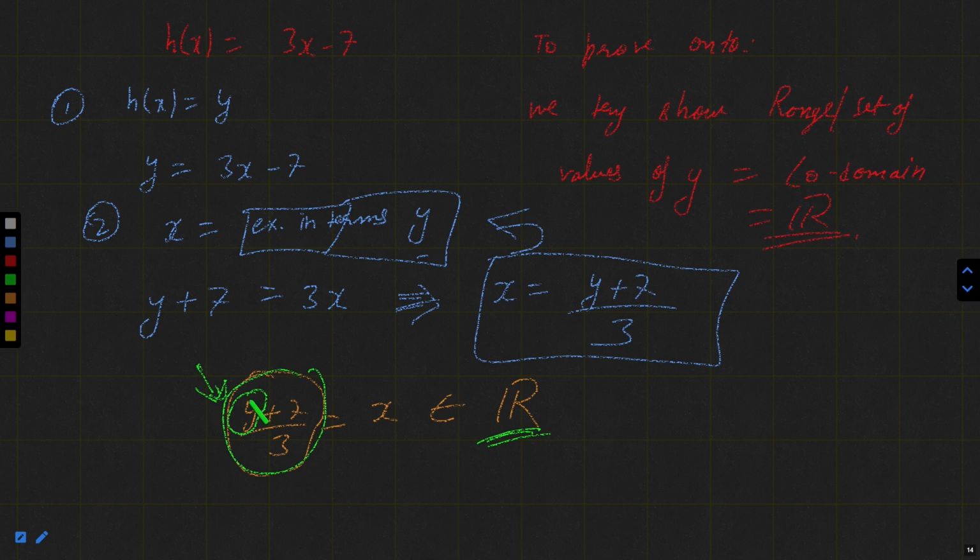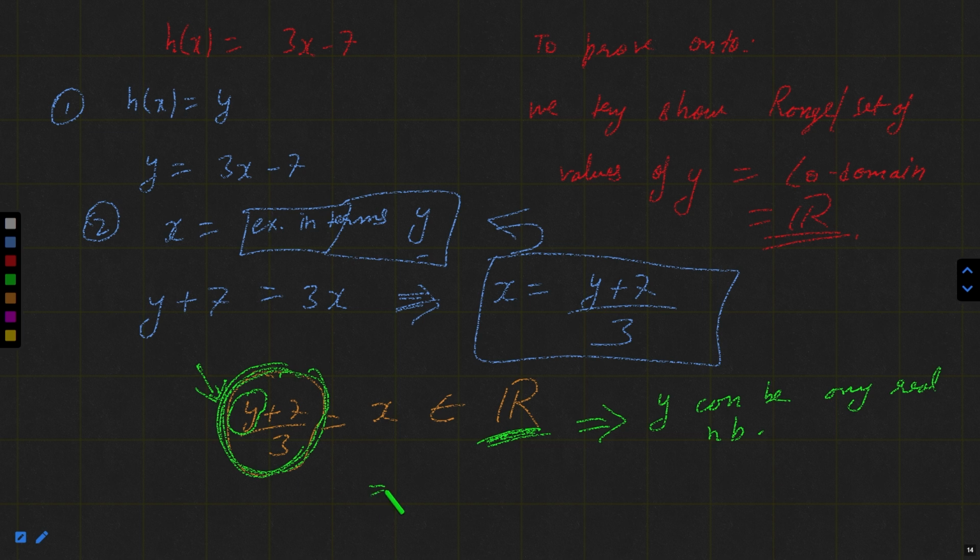Is there any restriction? Write it down. As you can see, you can put any real number over here and you will get some real number. So from this you can say that y can be any real number.